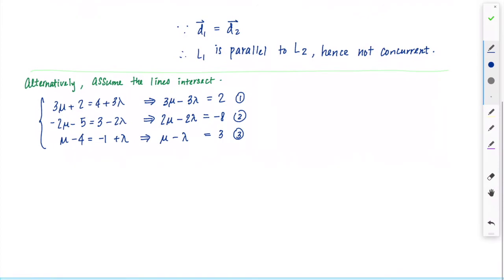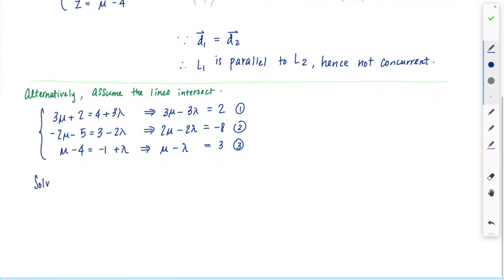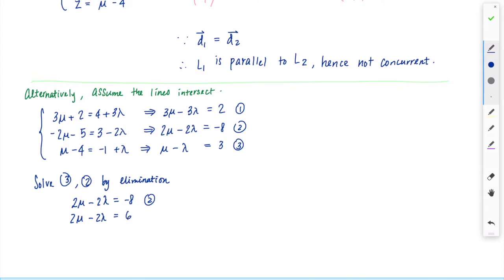Okay, and then maybe solve 1, 2 by elimination. I can do, no, 1, 2 is bad, 2, 3. Okay, so I can multiply 3 by 2. Okay, and then subtract the two lines.